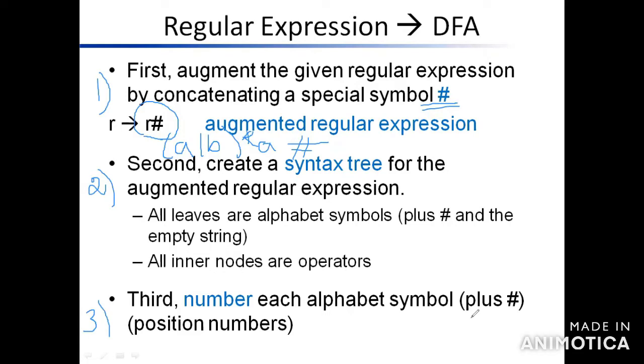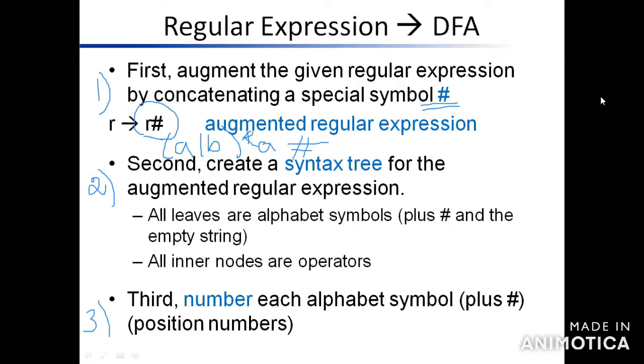Given one expression, the first thing is you have to add the special symbol. Second thing, you have to create the syntax tree for the augmented regular expression. Then in that syntax tree, we have to consider two things. One thing is all the leaves are alphabet symbols, plus you have to add hash also.